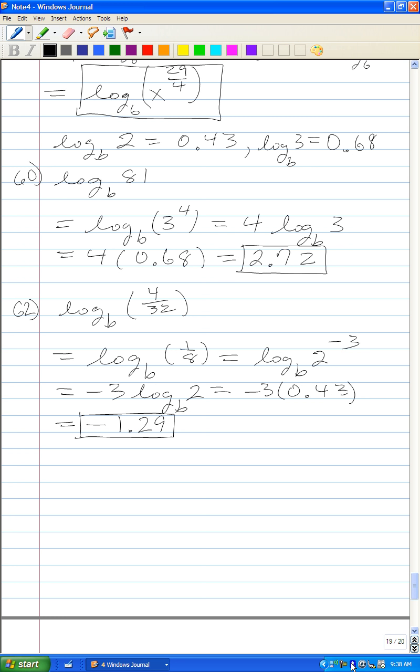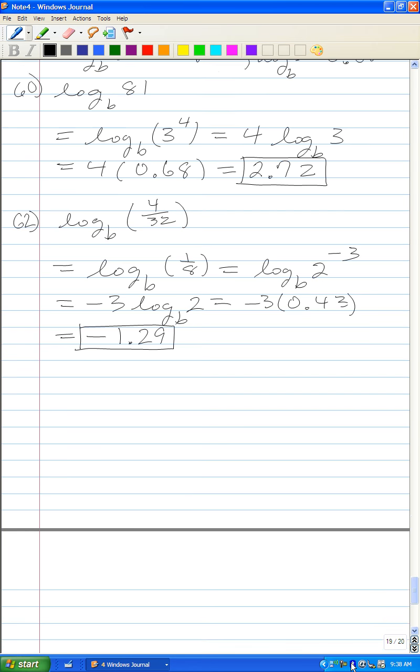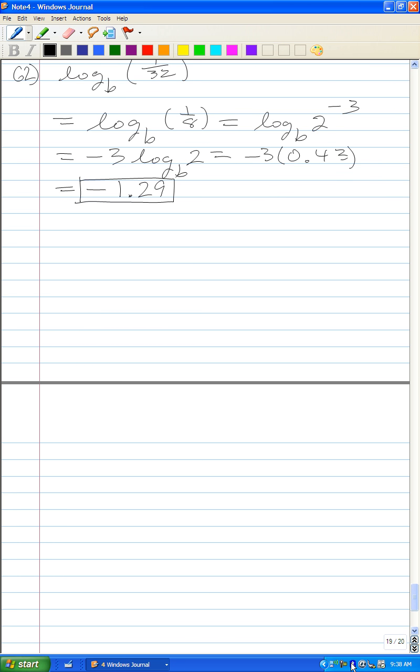Let's do problem number 64. Log base b of radical 3 halves.